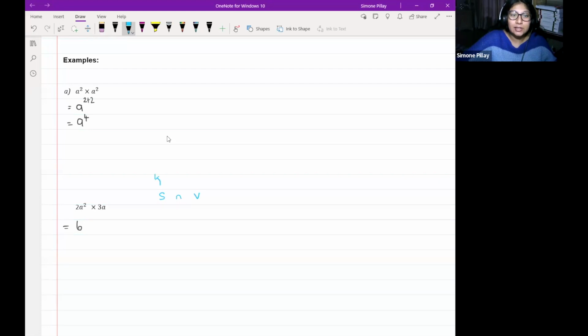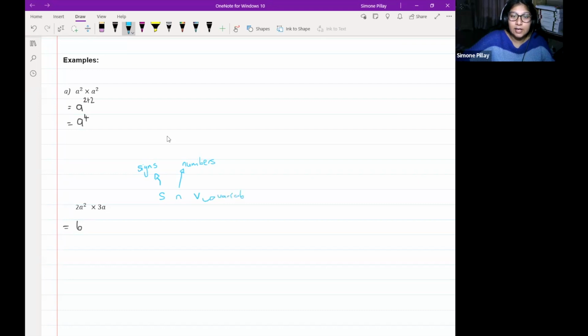When we are dealing with exponents and variables that have coefficients, we always deal with our signs first, then our numbers, which are usually our coefficients, and then we deal with our variables.